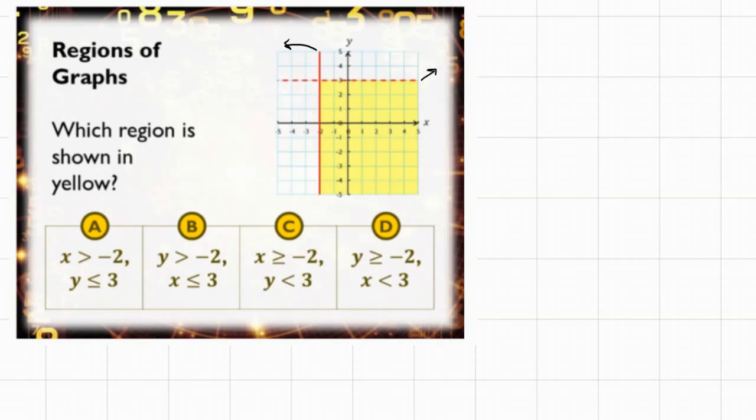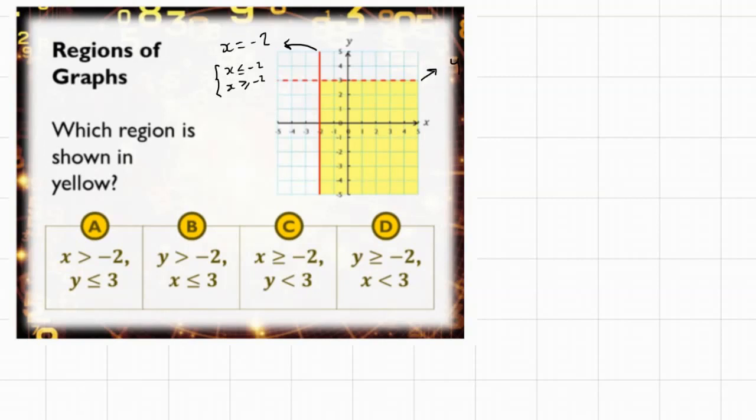So this line on the left, the block line, is not a y equals, it's going to be an x equals minus 2 graph. So we're either going to have something like this or something like this, depending on when we test some coordinates.